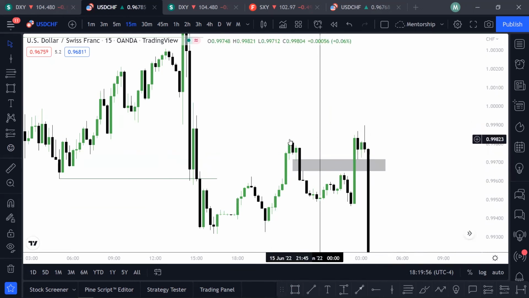We took this high for distribution. Oh, this is an order block. No, they don't want to know. It's just a green candle like any other green candle around here.